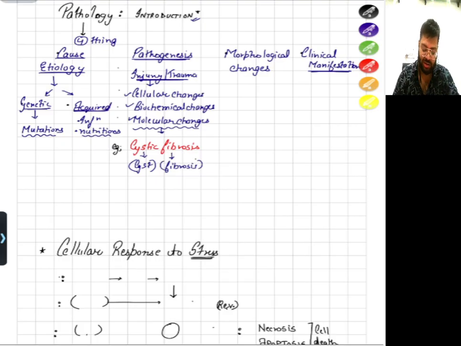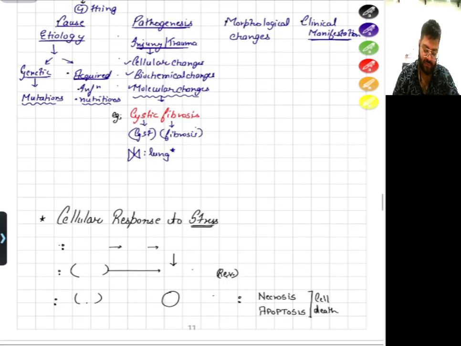The site is actually the lung. What is the cause? We will start with the first heading. The cause is genetic. I will not get into the detail. It is actually the F508 mutation. And what the cellular changes, biochemical changes, and molecular changes are, we will discuss here.